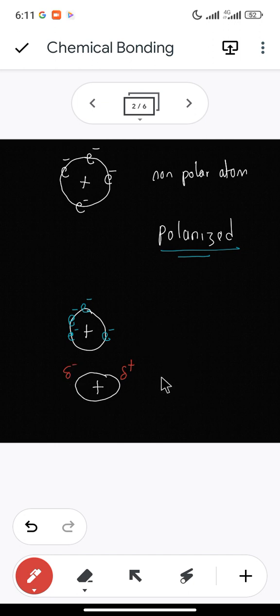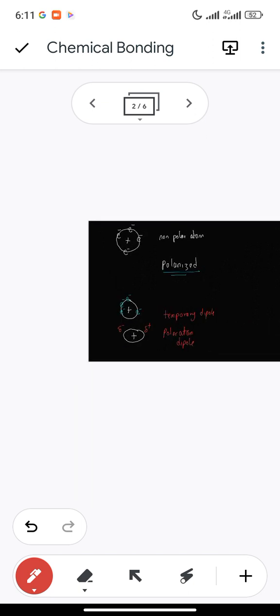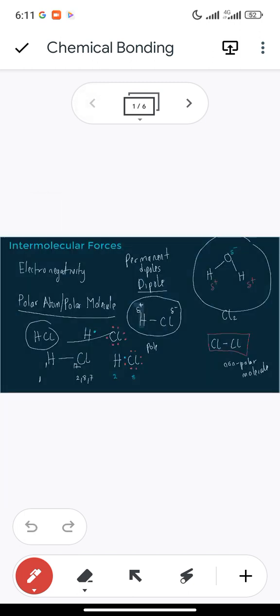So this has become a polar atom, or a dipole. But this kind of polarity is temporary, because as the electrons keep moving around the nucleus, they can easily come back to the earlier configuration. So this is called a temporary dipole. That's basically the difference between a permanent and a temporary dipole.